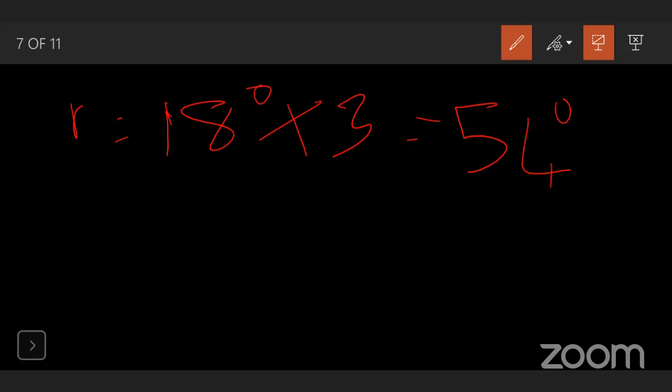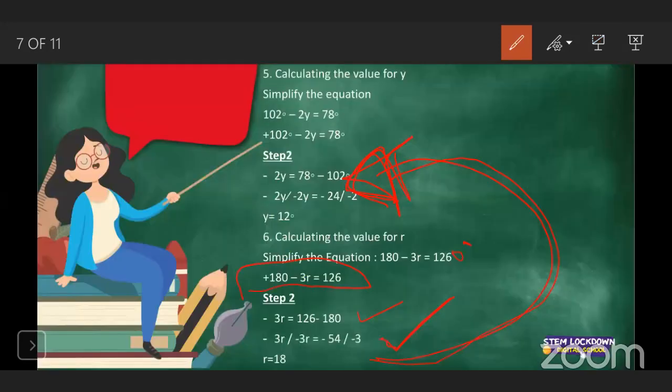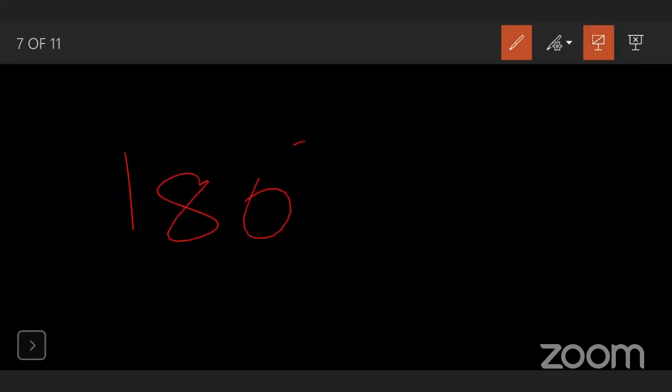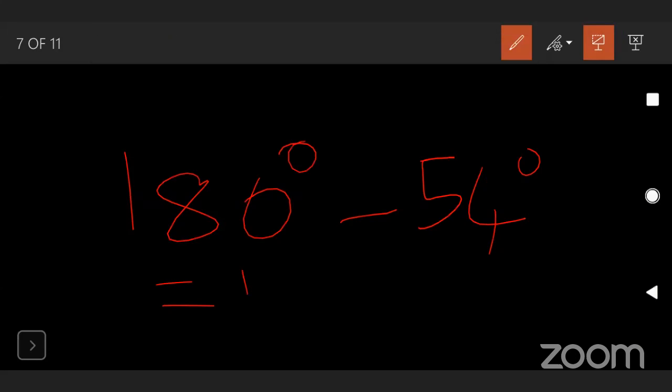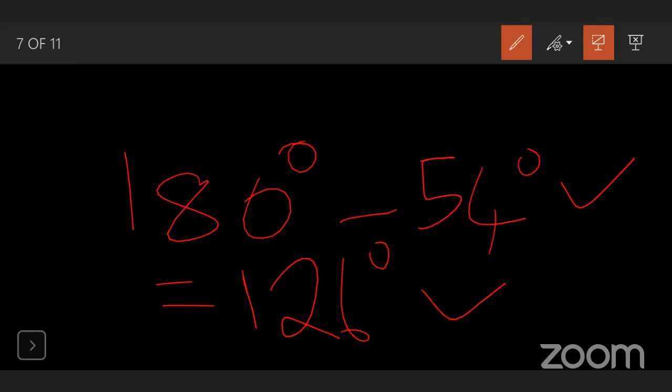So since it equals 54 degrees, we must say 180 degrees, this one here, minus 54 degrees, because 3r equals 54 degrees. So we'll have 180 degrees minus 54 degrees, which is 126 degrees. So it basically means our answers are correct.